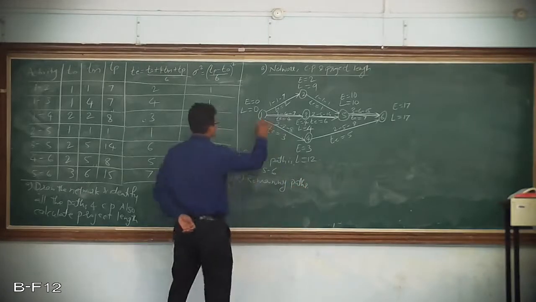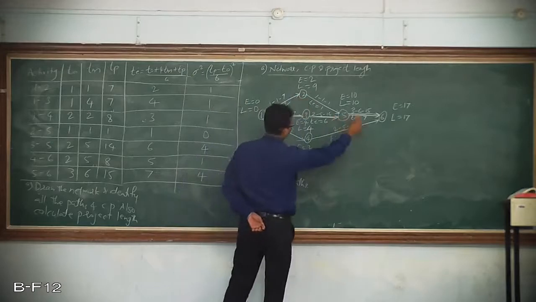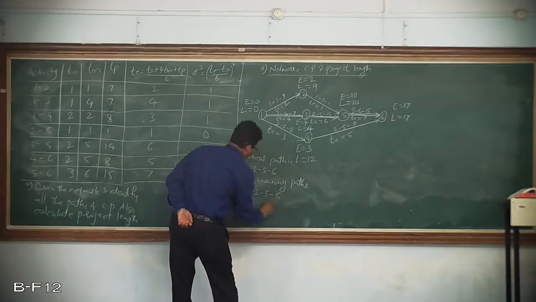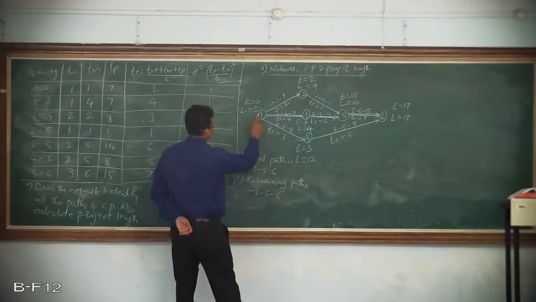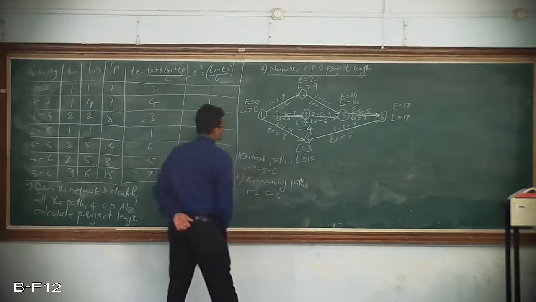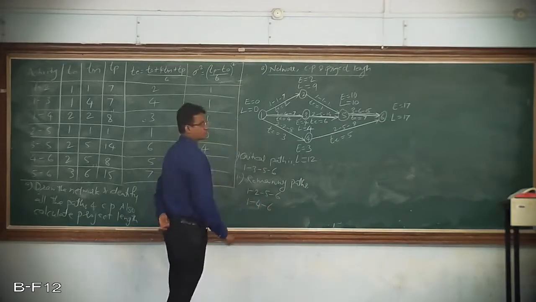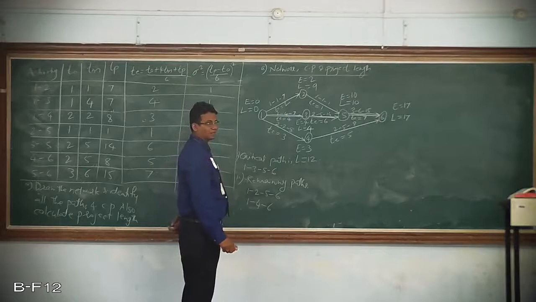What are those? 1 to 2, 2 to 5, 5 to 6, then 1 to 4 to 6, correct? Is there any other path? Yes? No.